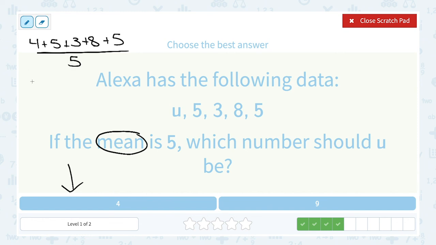That gives me a total of 25. And when I divide it by 5, it's going to give me an answer of 5. Okay, that's exactly what we were looking for, a mean or average of 5. So that works. Our missing number, U, must be equal to 4.